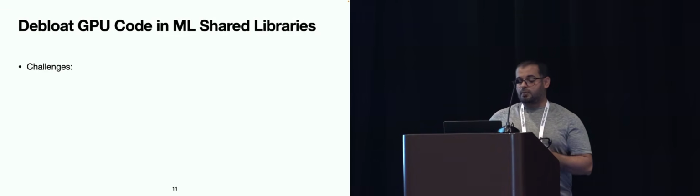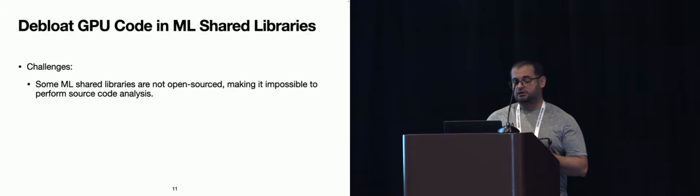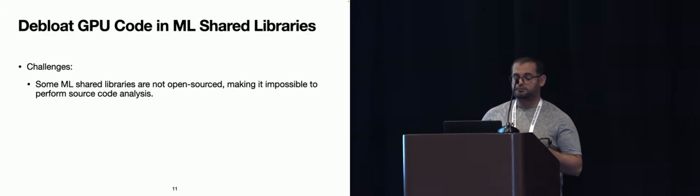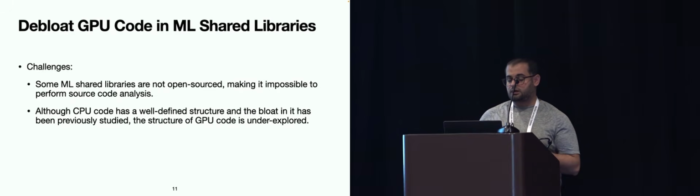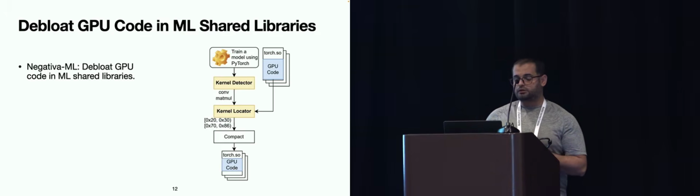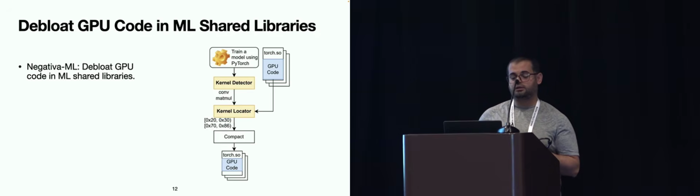The challenge the authors are trying to address is, first, that some machine learning shared libraries are not open source, so they don't have access to the source code. The second challenge is that, as I mentioned earlier, it's an underexplored area, and the structure of GPU code is different from CPU code. So now we will discuss Negativa-ML, the GPU debloating version of their approach.